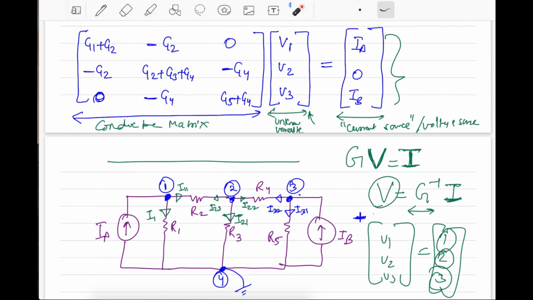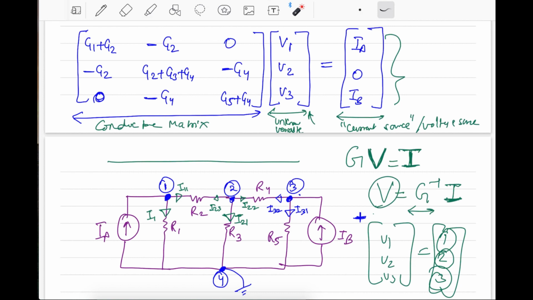So here, for example, this particular one is G2, because this particular index is 1 2, which clearly states that you have to find the resistance in between 1 and 2. So that one is G2, and you have to write it with a negative sign. For this one, you already know that there is no common resistance between 1 and 3, so it is represented by 0.